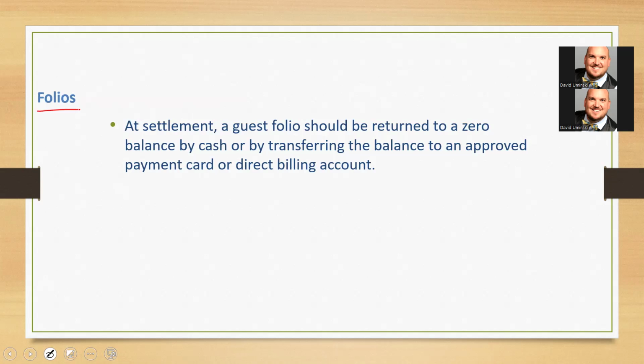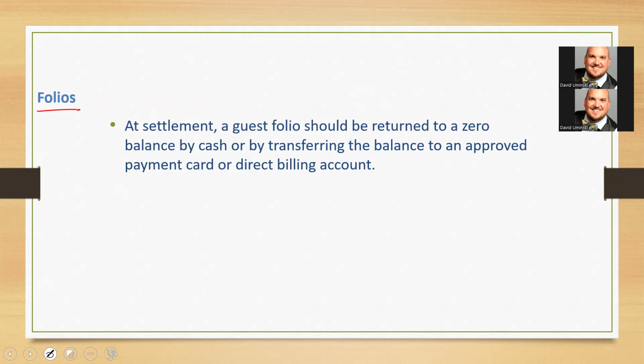Folios. Who can tell me what a folio is? What do they think it might be? Yes, Oscar. Yeah, so it's like a receipt at the end. A folio is basically our T account, right? It's all the debits and the credits of our T account. It's not in that format of a T account.